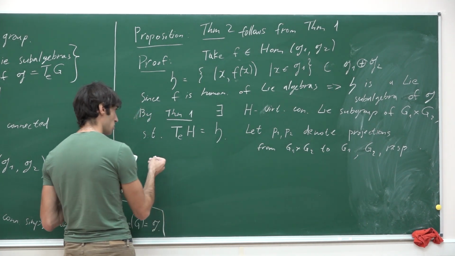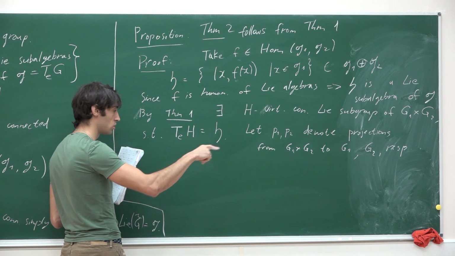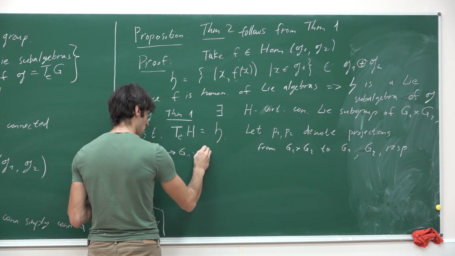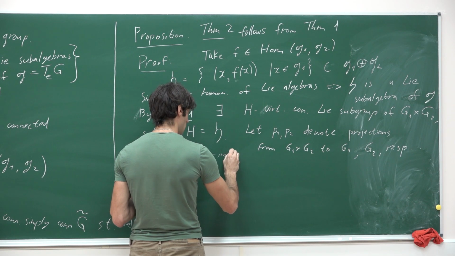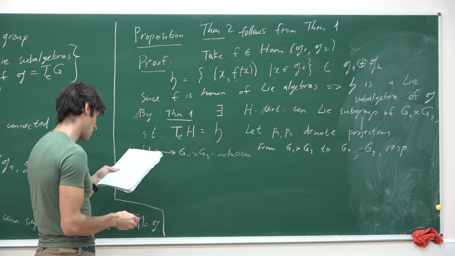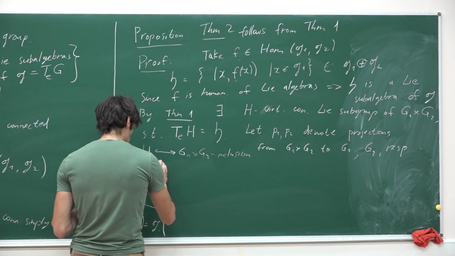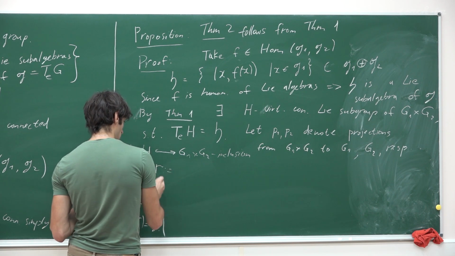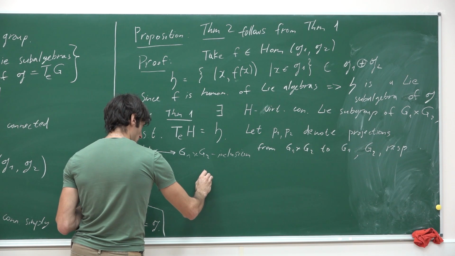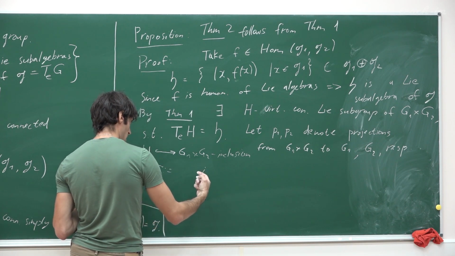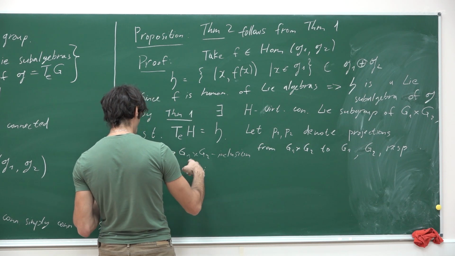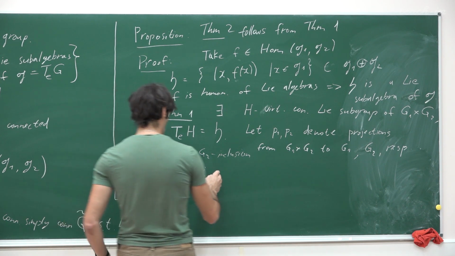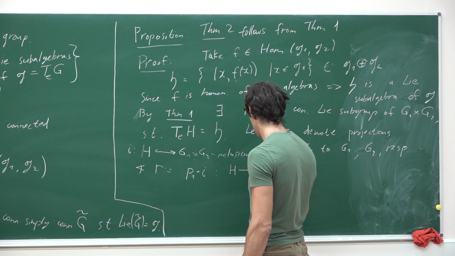I also have an inclusion map I from H to G1 times G2. Now I'm going to consider this map R. It is the composition of I first, from H to here, and then I project to G1, so P1. All right, so this map is from H to G1.